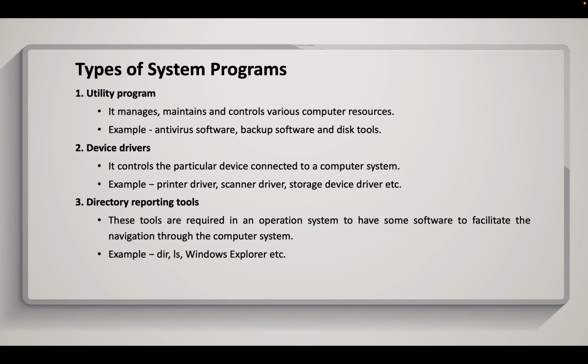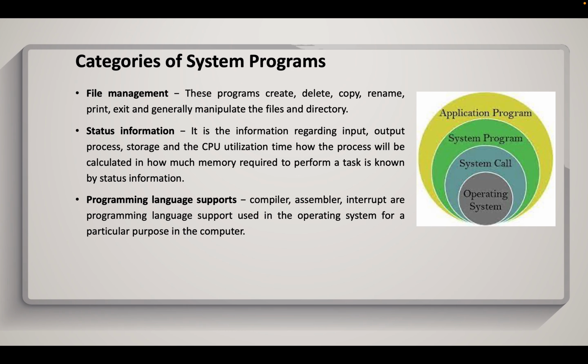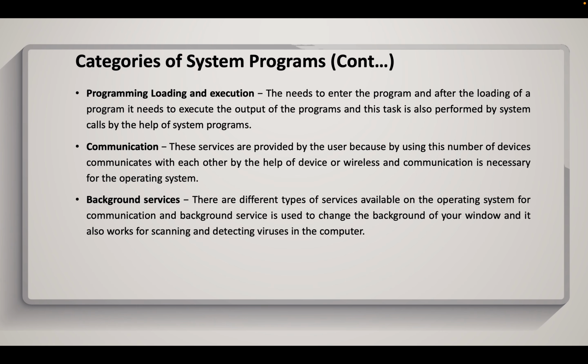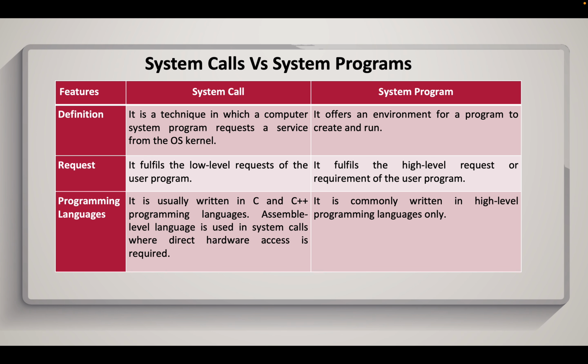Types of system programs are utility programs, device drivers, directory reporting tools, file management, status information, programming languages, compiler, assembler, and so on. Programming, loading and execution, communication, background services. So these are various system programs.